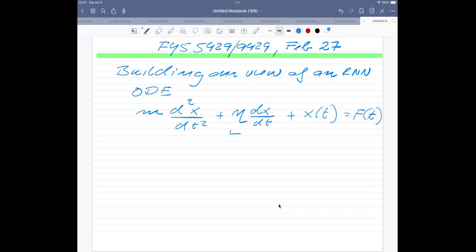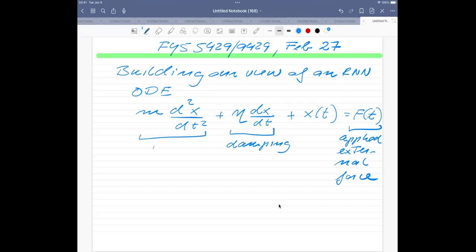And you know that if you apply or solve this equation, what you would typically find, if you look at the first term here, is that this is a damping term or friction. This term which you have here is just an applied external force. And this is just the acceleration in Newton's law.